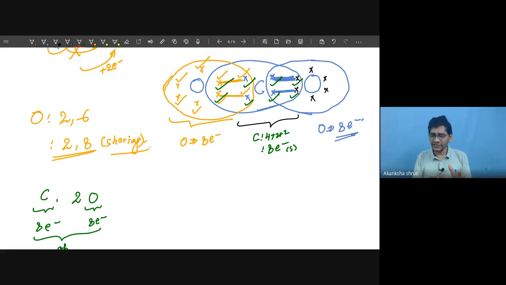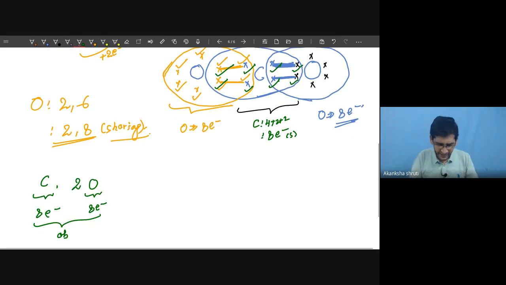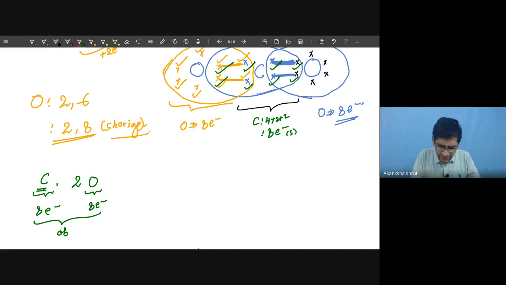While one oxygen has shared only 2 electrons, because sharing is always in equal amount, the other oxygen has also shared its 2 electrons with the carbon. This way, one carbon gets associated with the 2 oxygen.